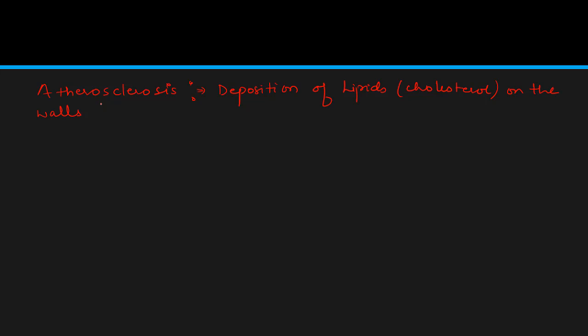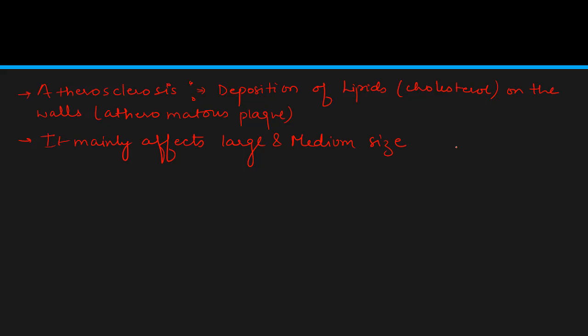Such depositions are known as atheromatous plaques. These are vegetations which get deposited on the walls of the major arteries. It takes place in the lumen of large and medium-sized arteries of the body.